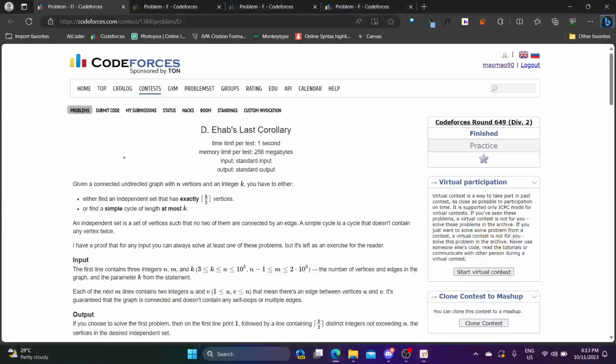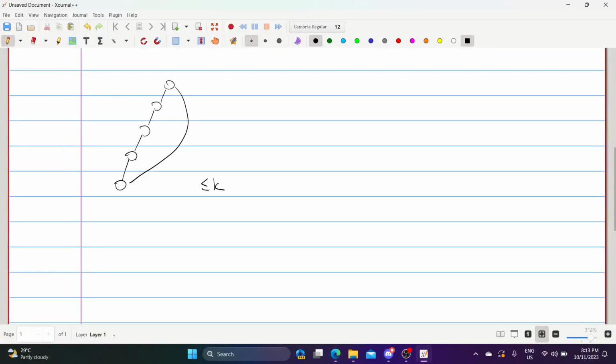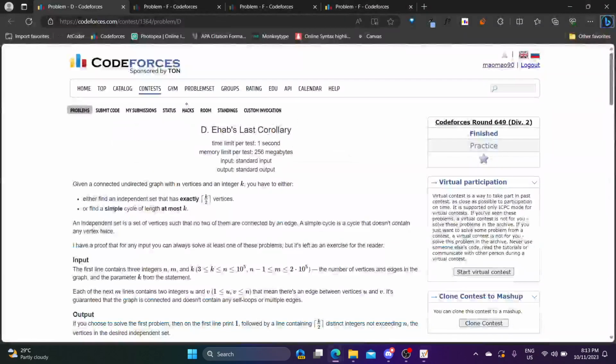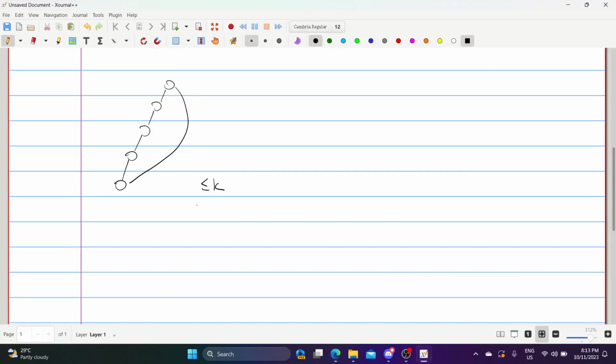Let's say that we know that all the possible cycles in the graph have length more than k, because they want to find a simple cycle of length at most k, that is, smaller than or equal to k. But let's say that it's not possible to solve the second case.